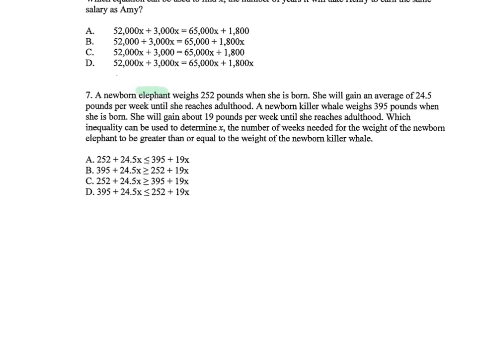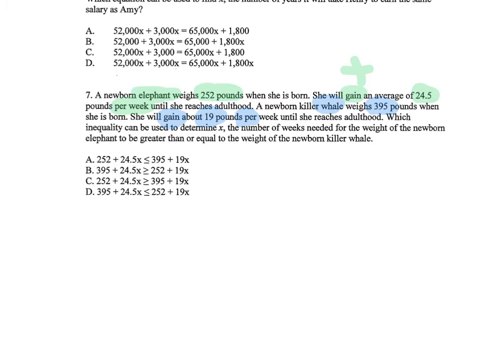Okay, so here's a newborn elephant, weighs 252 pounds. She's going to gain 24.5 pounds per week. That's what you need till she reaches adulthood. A newborn whale is 393.95 and will gain 19 pounds per week.